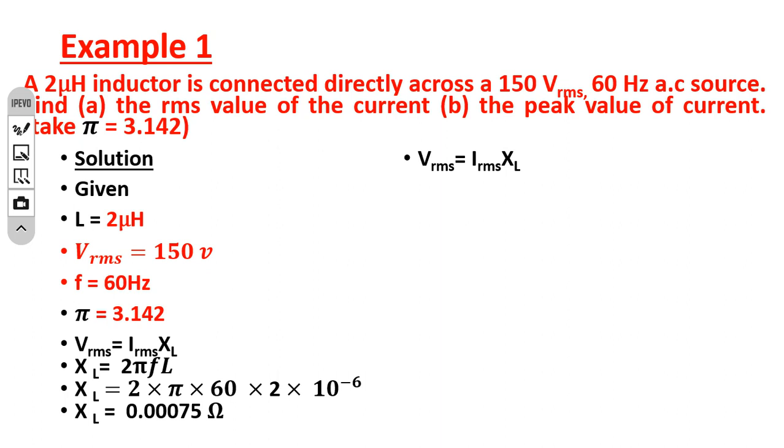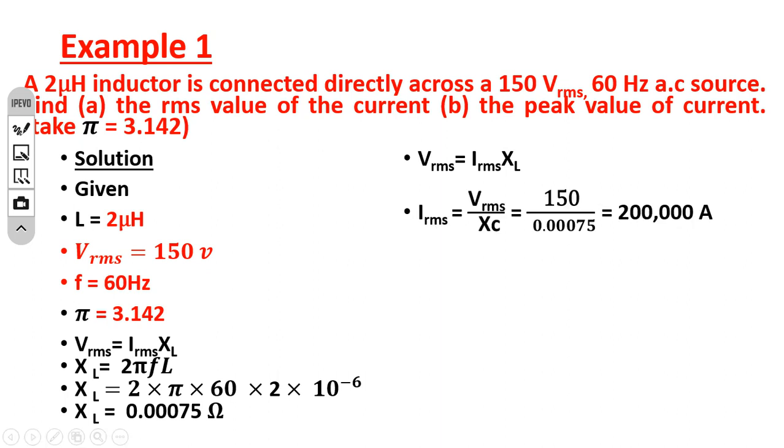We're going to make I the subject. When we make I the subject, then we have the value in ampere, the unit of current. I believe you have seen how we got this value here.